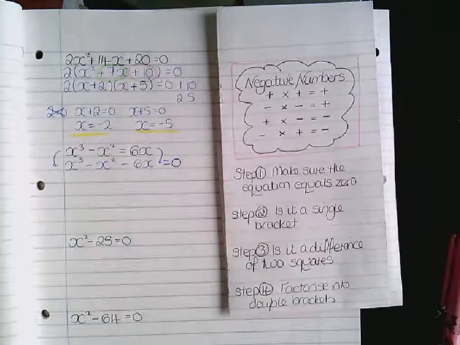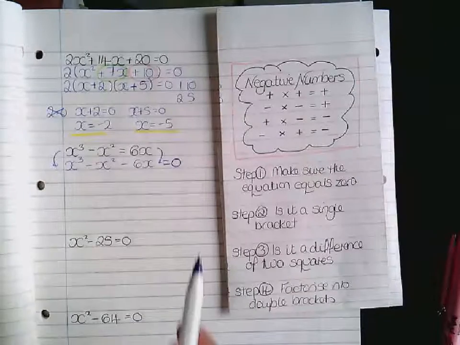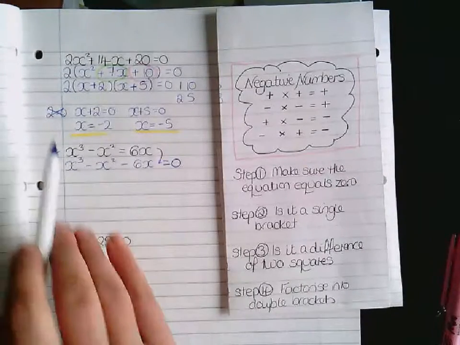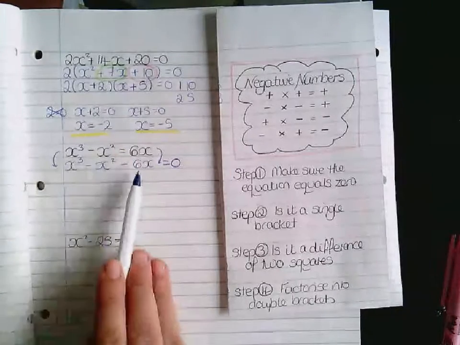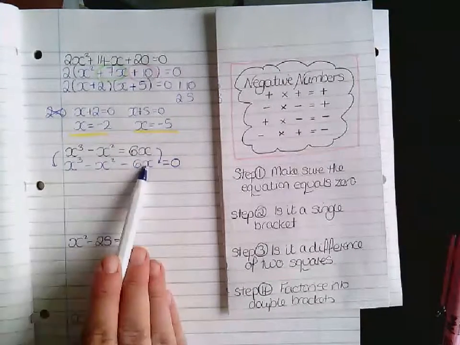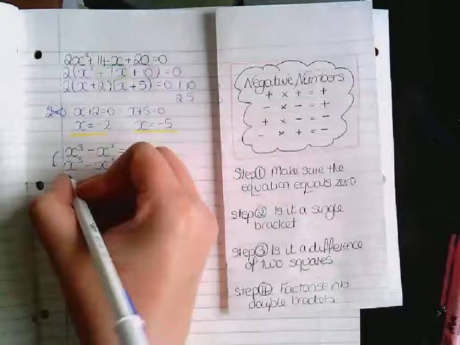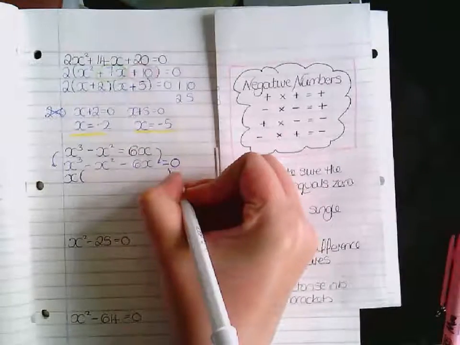Now, step 2. Is it a single bracket? So I'm looking for something that appears in all the terms. Up here, we can divide everything by 2. I can't do that here. I can't divide it by 3, but what I have noticed is there is an x in each term. So I can put x outside of the bracket.